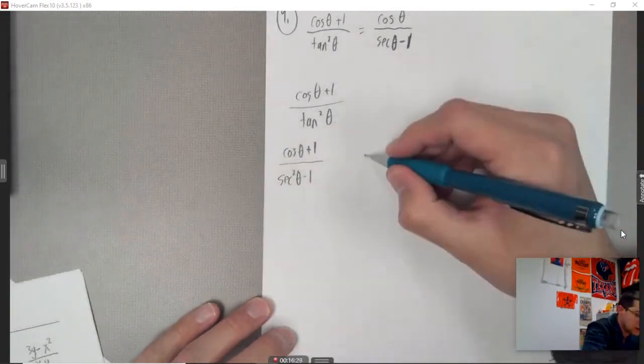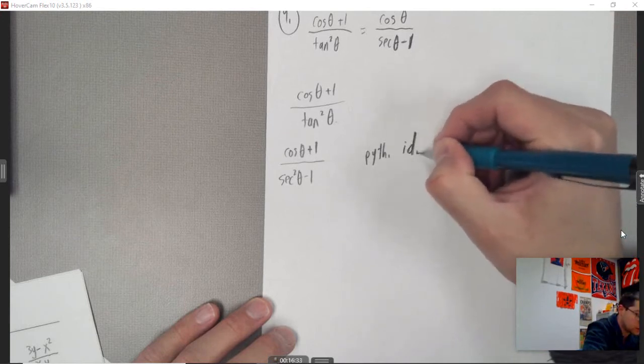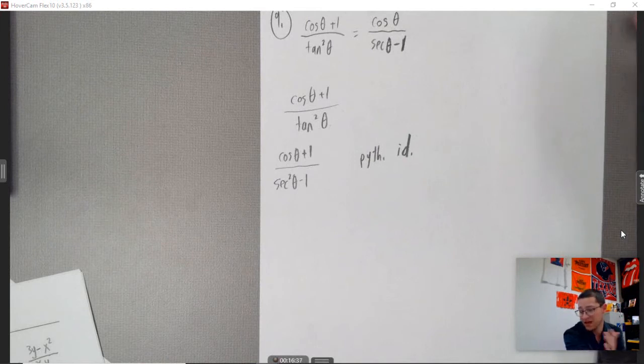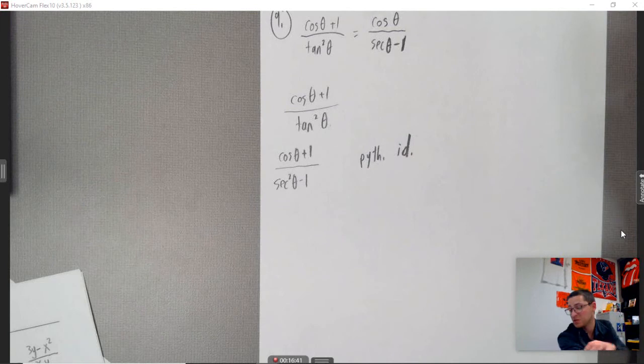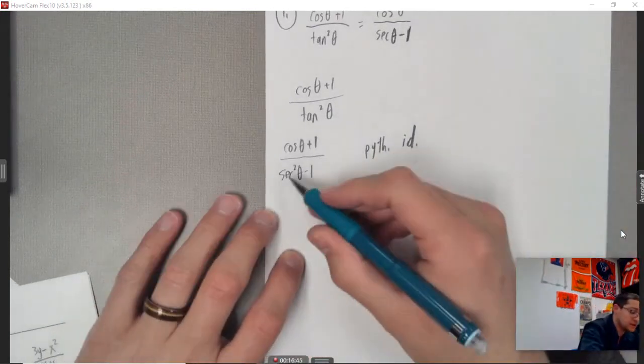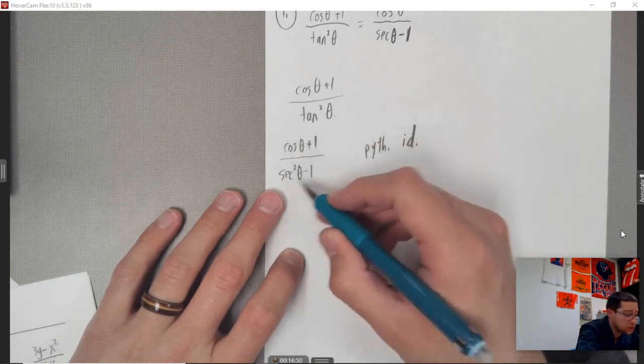All right, and again, I'm trying something new here. I posted the other solution, the way I did it before, over there. And it may have even used this step a little bit, I'm not quite remembering. Anyways, we've got secant squared of theta minus 1. Let's go ahead and factor.